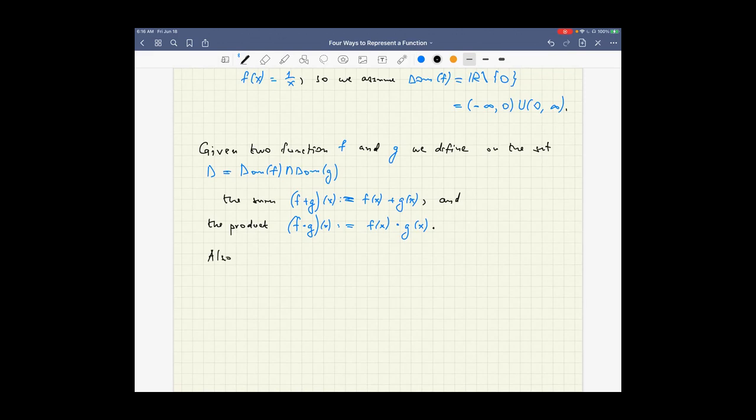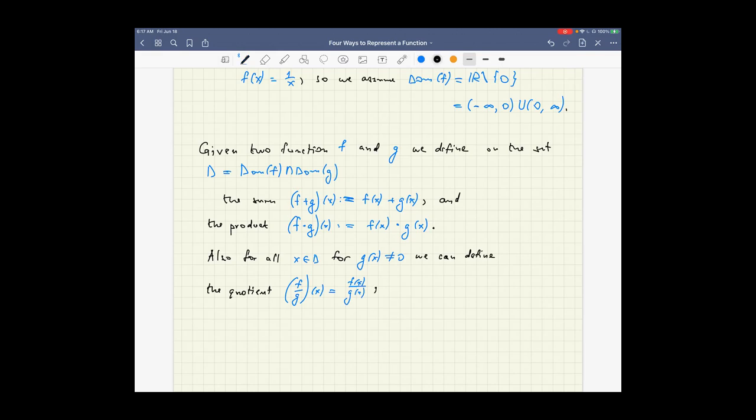So for all x in D for which g is not 0, we can define the quotient f divided by g, which is just f applied to x divided by g applied to x.